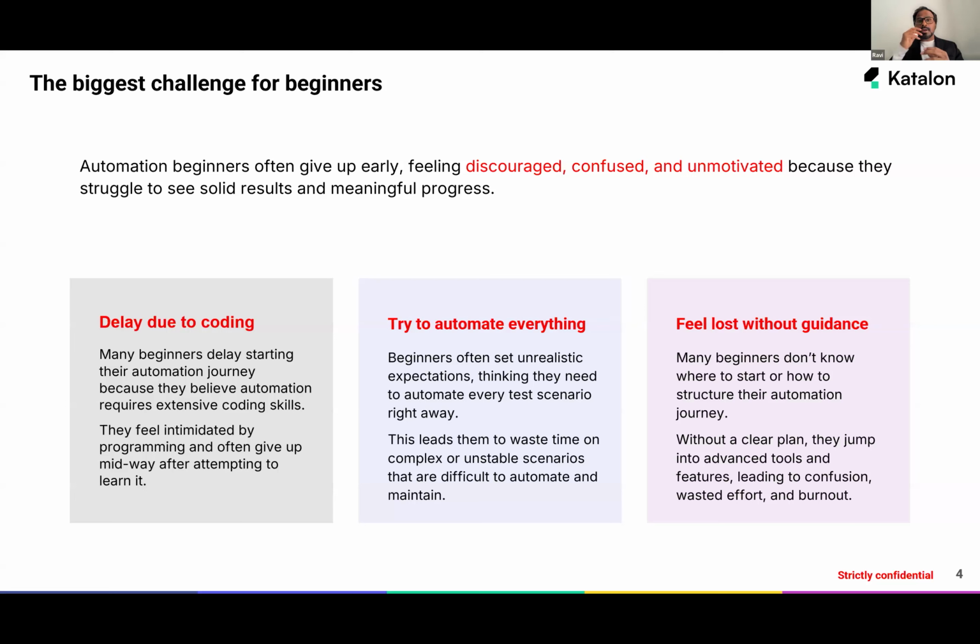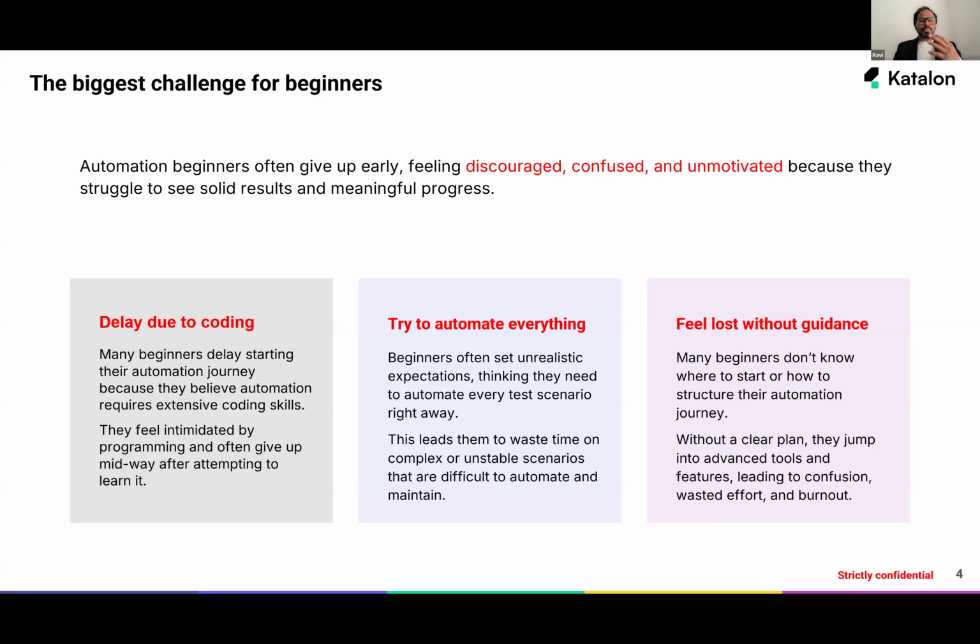The other challenge is trying to automate everything. Most beginners often aim to automate all scenarios immediately, which can lead to challenges in maintaining their test automation suite. Everything also includes complex scenarios, which may involve dynamic data, unstable environments, or complex workflows that are prone to changes.